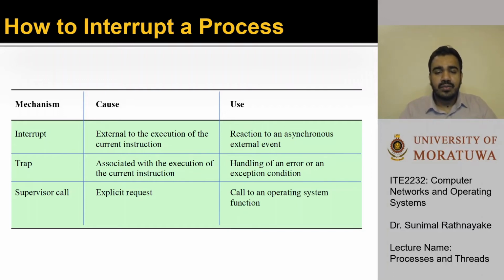Handling of an error or an exception condition is a use of traps. And the supervisor call means an explicit request, for example, a call to an operating system function, which will also interrupt a process.